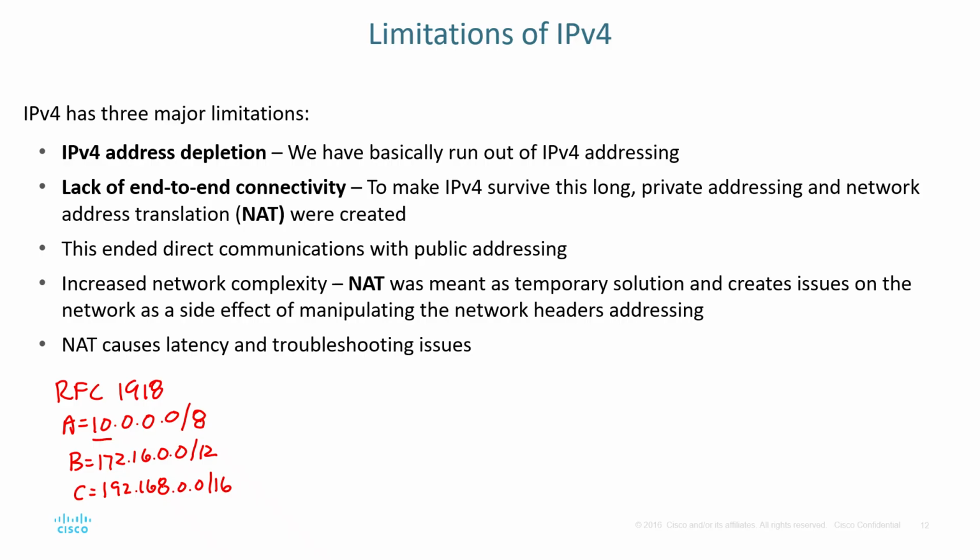So you can understand the limitations, say my little mom and pop gets a class C. A class C only has 254 addresses. But mom and pop have grown exponentially, so now they need more addressing. Rather than trying to get a larger addressing field, they could use NATing in their network. They could actually use this class A address, which is going to give them 2 to the 24 host addresses.